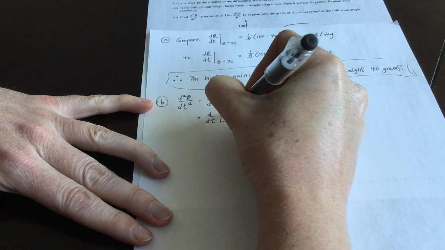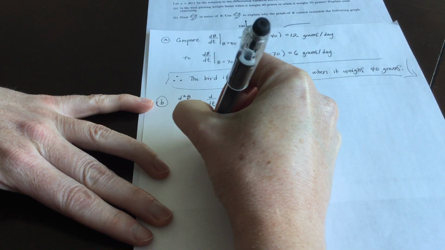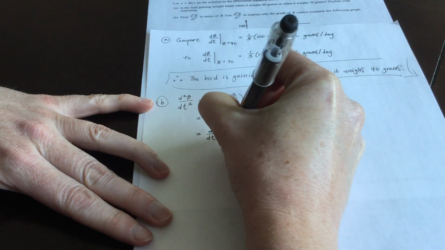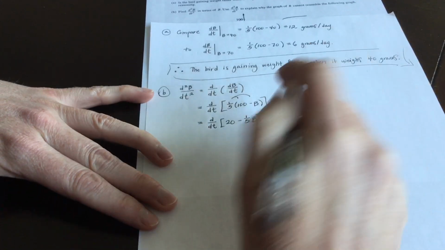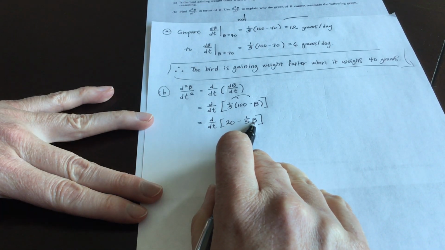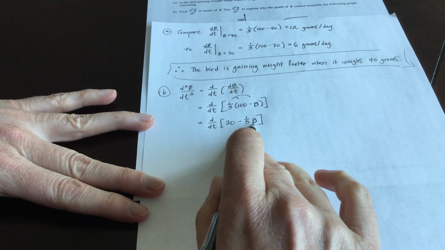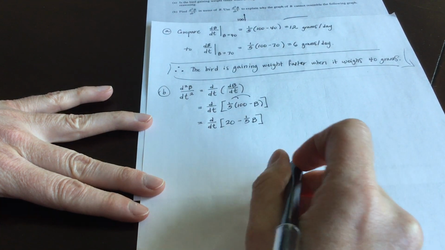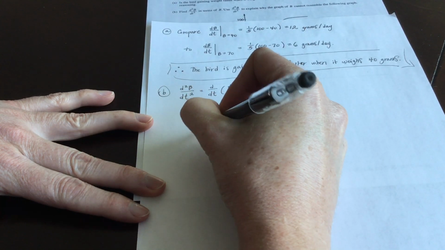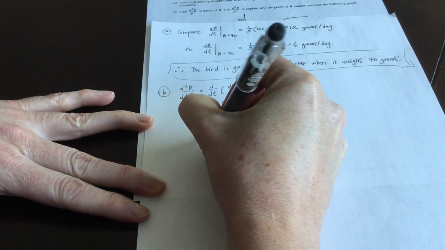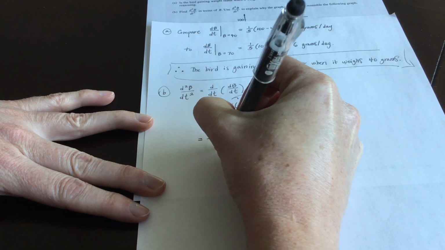It does simplify it quite a bit if you multiply the 1/5 in. Remember, b is a function of time. So when you take the derivative of negative 1/5 b, you'll need to make sure that you use the chain rule. So d/dt of 20 is 0. d/dt of negative 1/5 b would be negative 1/5 times dB/dt.